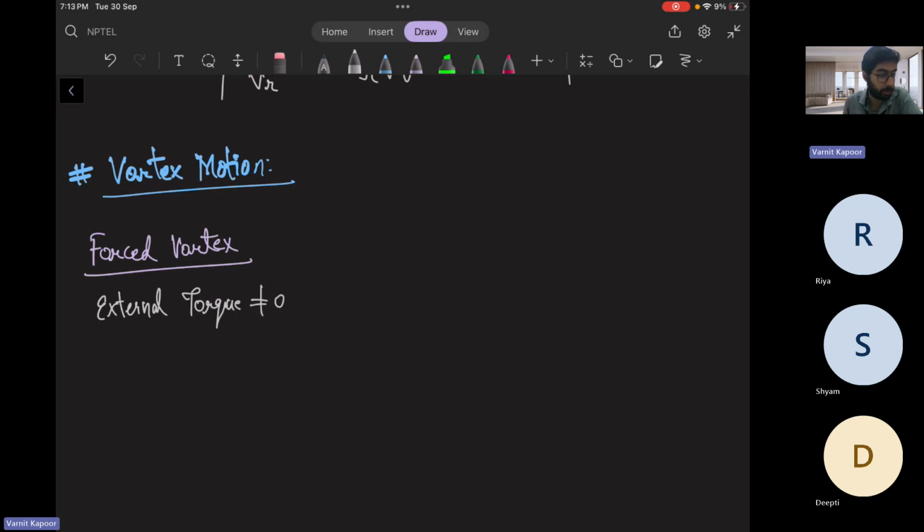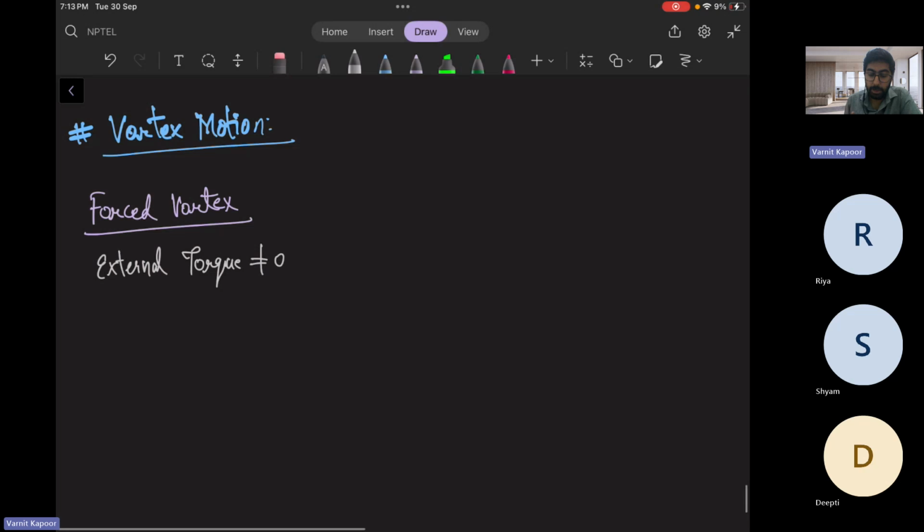You are providing some external torque, so the flow is rotational. And if the flow is rotational, only the stream function is present. So you can make a series of understanding: when the flow is rotational, external torque is there, the stream function is defined, and it is a forced vortex flow.